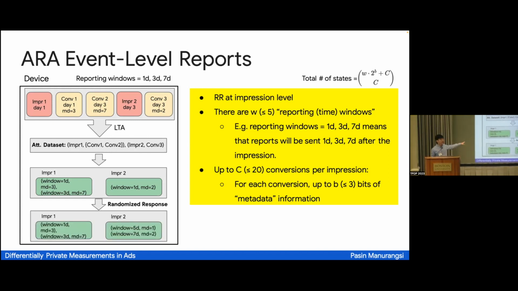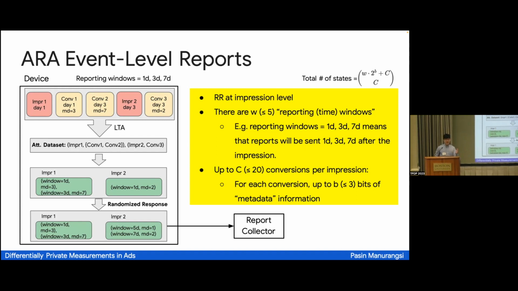Then you apply randomized response on each of these pieces of attribution information attached to each impression. In this case, for example, maybe we flip the coin and we say that we will keep the data for impression 1, whereas for impression 2, we will completely randomize it. So impression 2 gets randomized. And then this is the information that gets sent to the report collector and also to the advertiser.